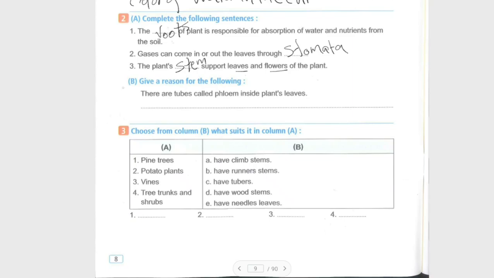Letter B says give reason for the following. There are tubes called phloem inside the plant's leaf.